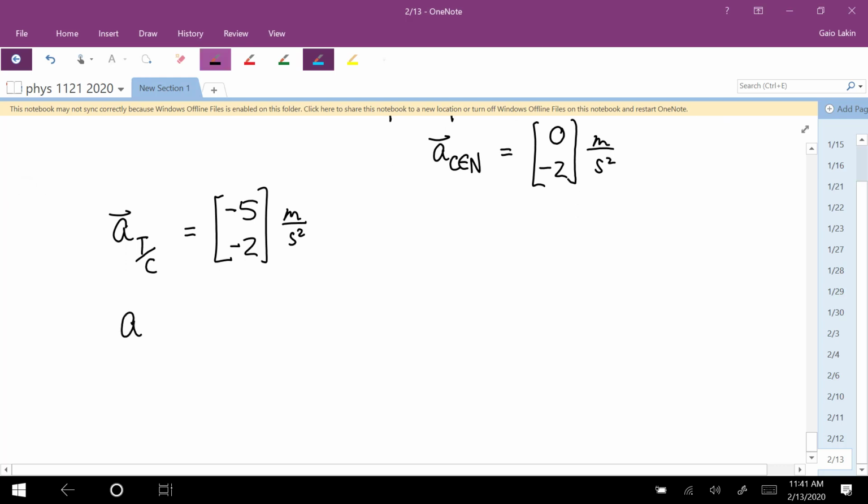So that means that the acceleration of the top relative to the ground is equal to the acceleration of the top relative to the center, what we have here, plus the acceleration of the center relative to the ground. That's -5, and you get -10, -2.